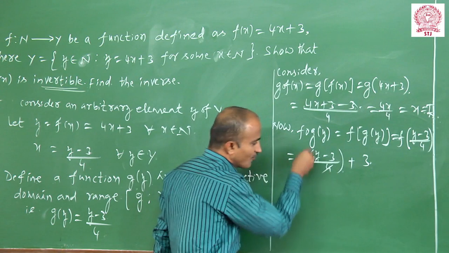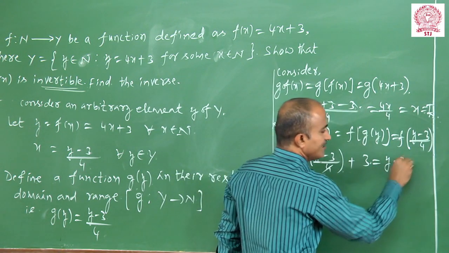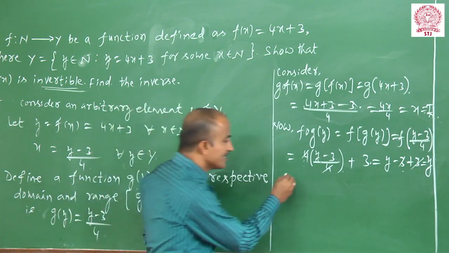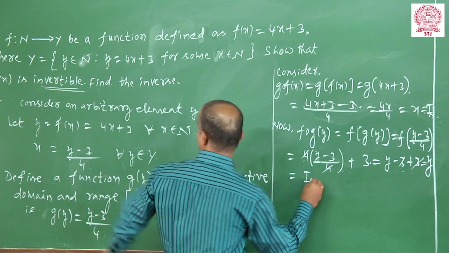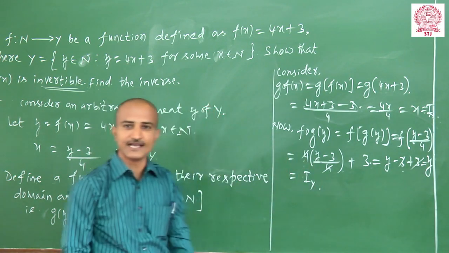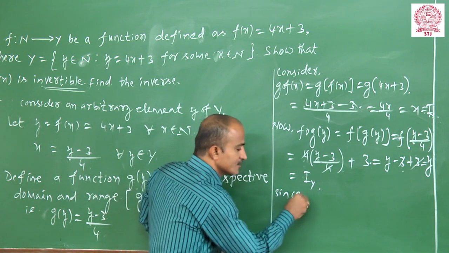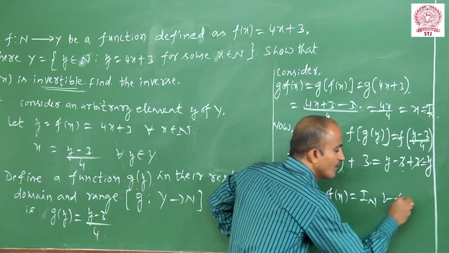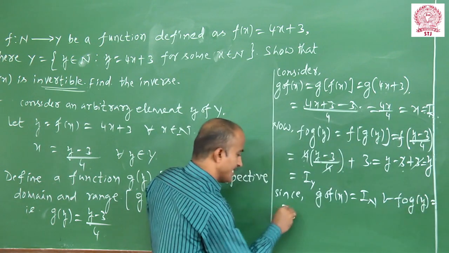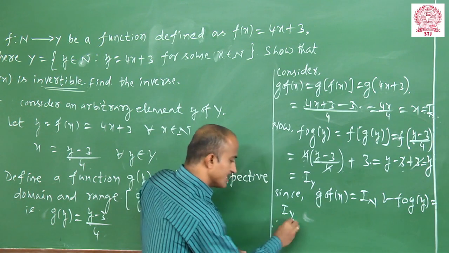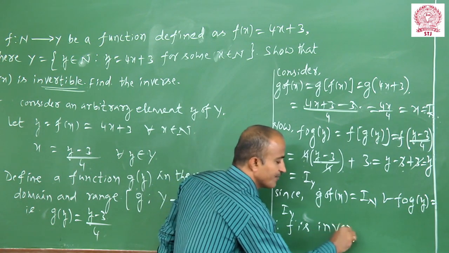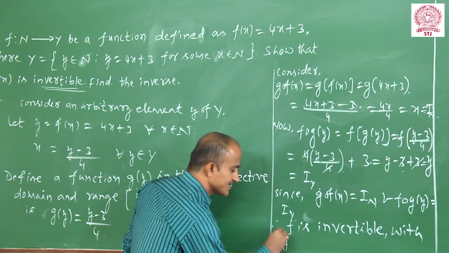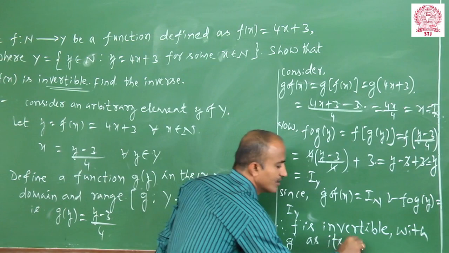The 4 gets cancelled, then y minus 3 plus 3, the minus 3 plus 3 gets cancelled, we have y, and that will be equal to I_Y, where the range is Y. So since gof of x equals I_N and fog of y equals I_Y, therefore f is invertible with g as its inverse.